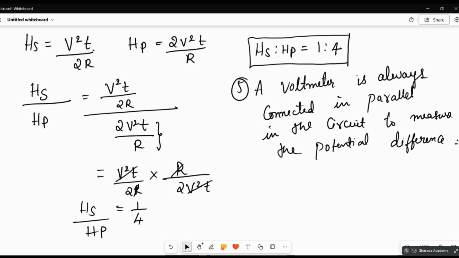Always remember, voltmeter is always connected in parallel to measure the voltage, whereas ammeter is always connected in series to measure the current.